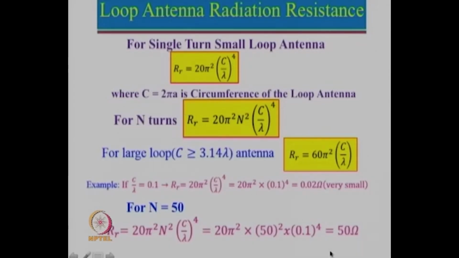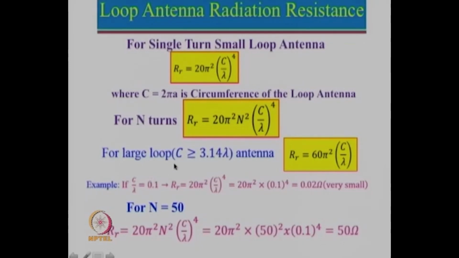This will be obvious when we take this design example here. So if we take n turns, for n turns RR increases by a factor of n square. So radiation resistance can be increased significantly by increasing the number of turns.